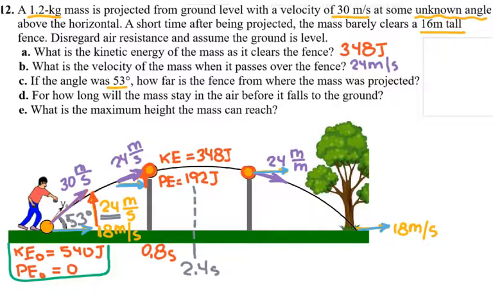And the time to fall down is another 2.4 seconds, so that is 4.8 seconds. So in 4.8 seconds, the mass will fall down. So I'm looking at it from this 24 meters per second velocity. So the change of the velocity over the acceleration gives me the time.